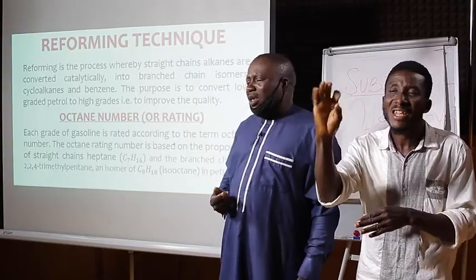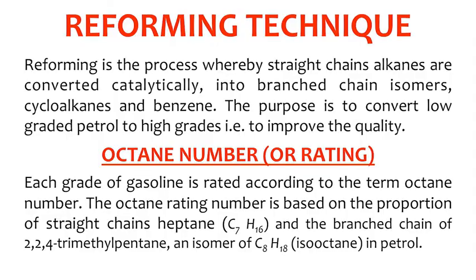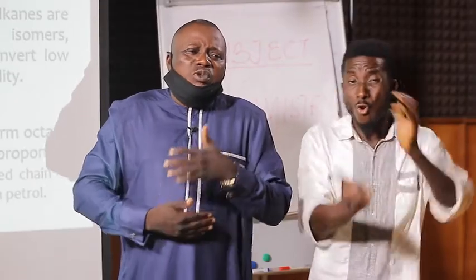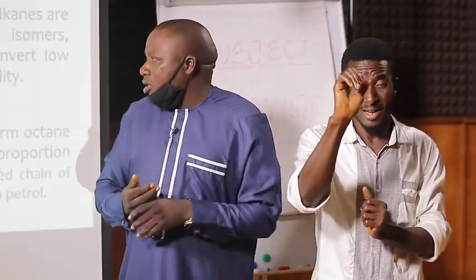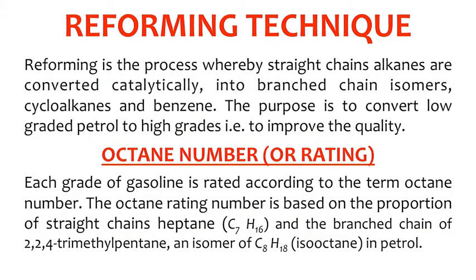What is reforming? Reforming is the process whereby straight chain alkanes are converted catalytically. When we say catalytically, we add a catalyst into a branching, isomers, cycloalkane, and benzene.